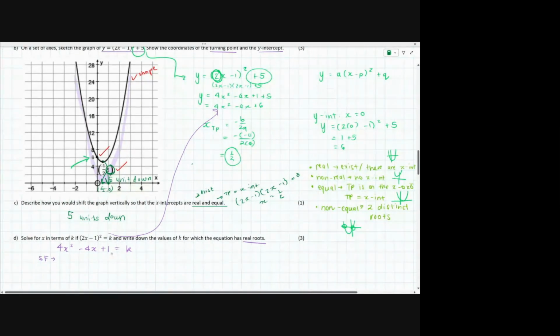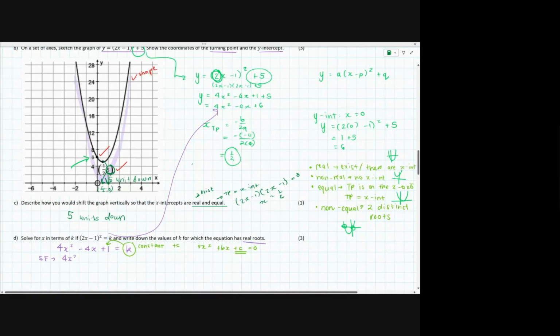Now, again, what often trips us up is we don't understand what k is. K is a constant, which means that it is part of my c term. So in ax squared plus bx plus c equals 0, it is part of that c term, which means it and the positive 1 are like terms. So what we need to do here is, like I say, get into standard form.